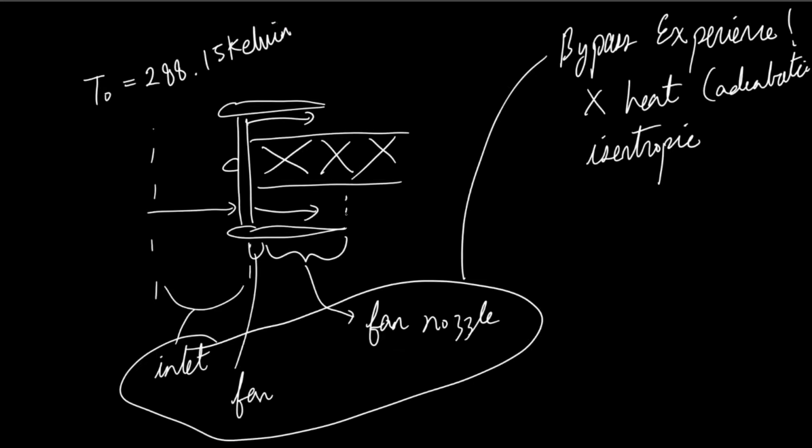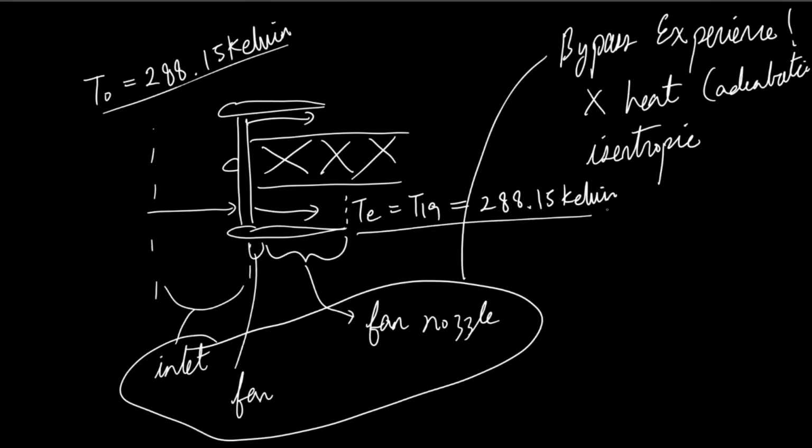Well, the temperature at the exit of the flow, T_E, or we denote it as T19 in propulsion if you want to be fancy, is also 288.15 Kelvin. So there was no change in temperature whatsoever in the exit flow.